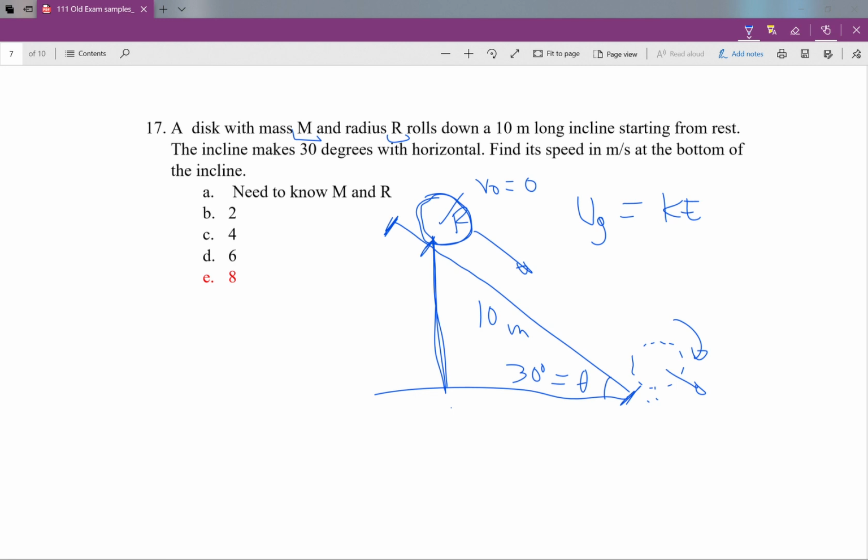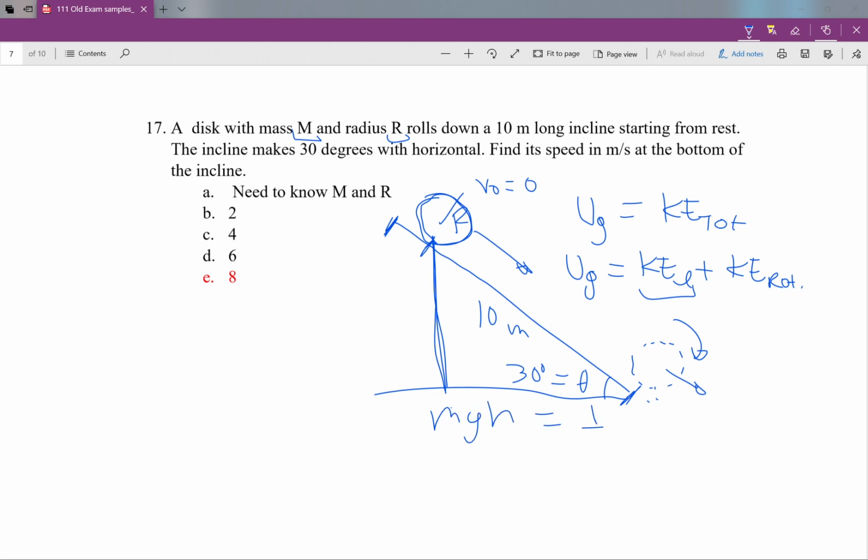So that means that the total kinetic energy is going to be equal to the linear kinetic energy plus the rotational kinetic energy. And we know that linear kinetic energy is 1/2 mv squared. So UG is mg times the height.